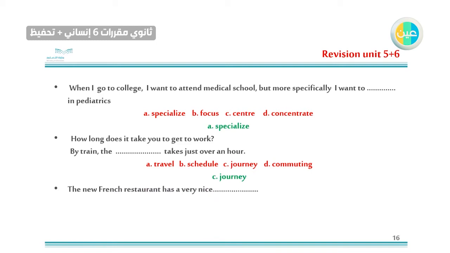The new French restaurant has a very nice nature, feeling, environment, or atmosphere. Here we are talking about a place, a restaurant. So what's the most appropriate word to express that this place has a very nice nature?